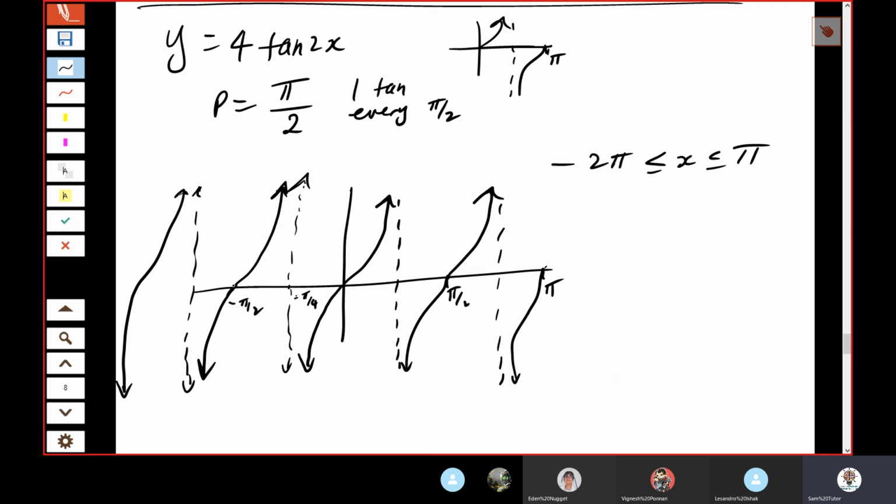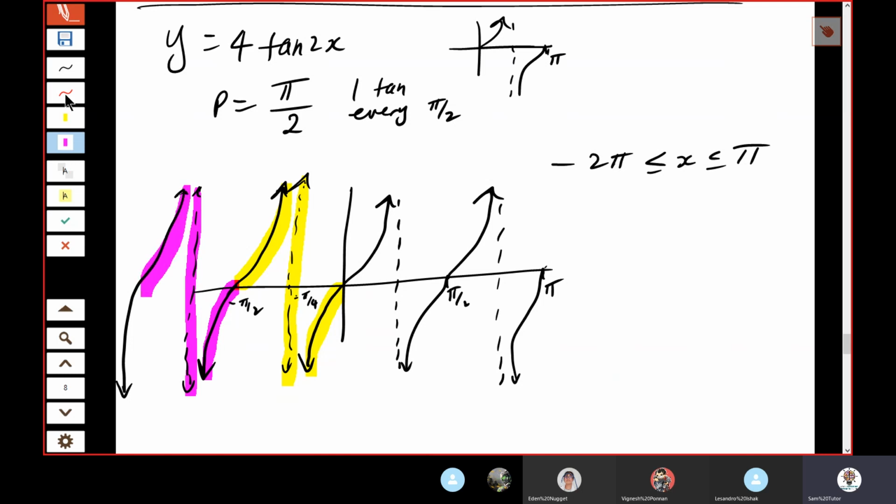Negative pi over 2. Where was I? Pi over 2 is there, so do it again. So just so you know, this was 1, right? 110 on the left side. You agree with that? One more 110 on the left side.